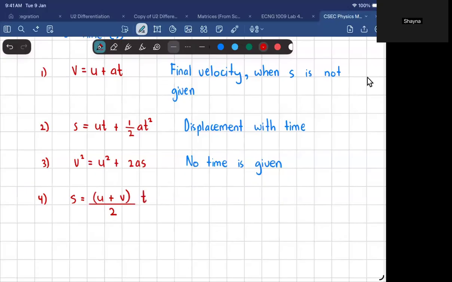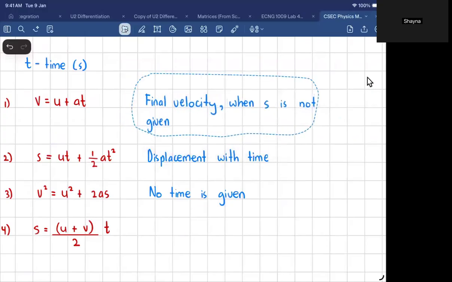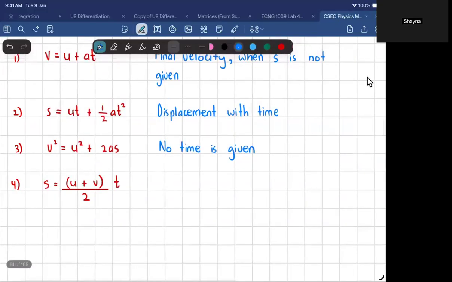Shayna, you're real good to remember all of this. Number four, you use this one when average velocity is useful. Look at what this formula is doing.